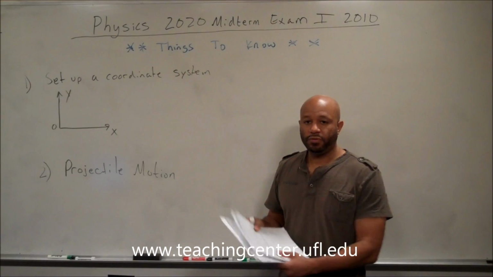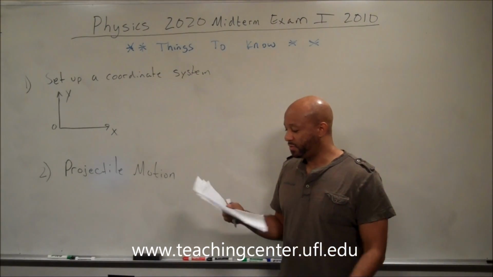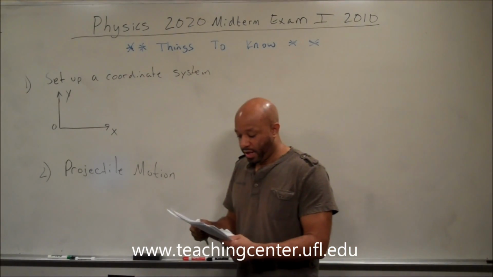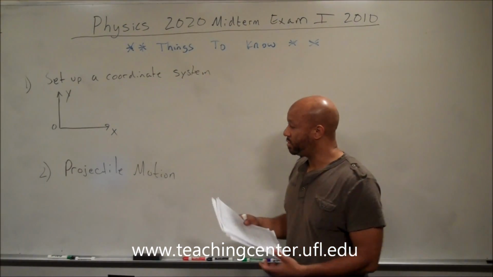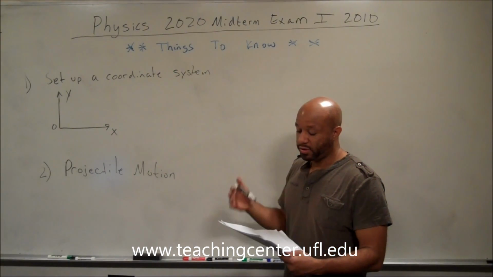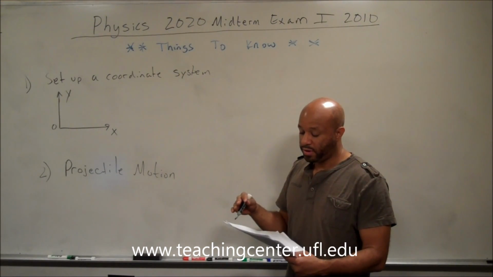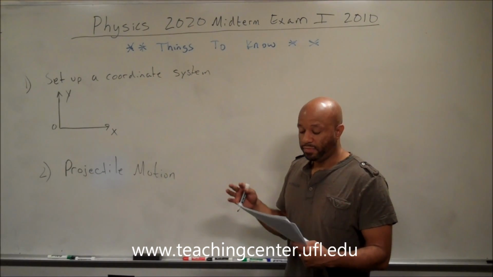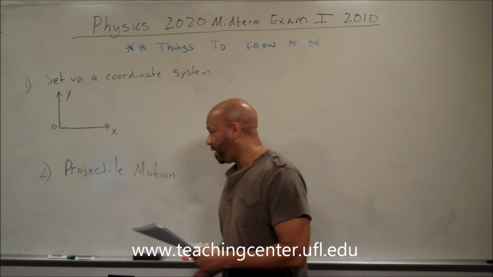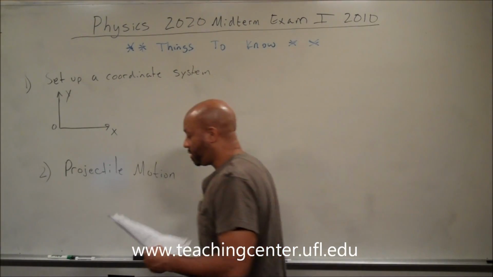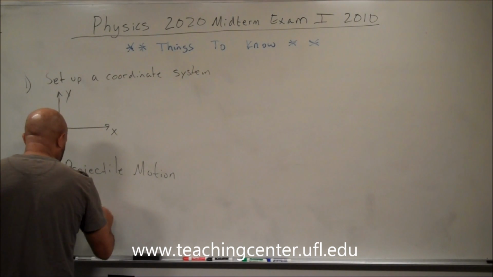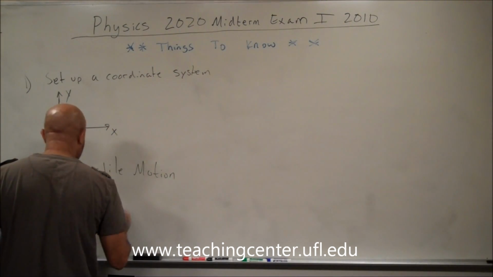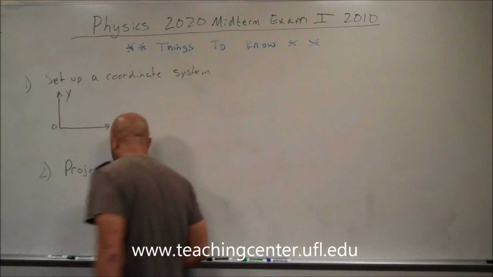You're given a formula sheet for this particular exam, and if you look at the equations for projectile motion, you'll see in particular the sections for the equations for things moving in the y direction. And you'll notice that the first equation tells you that ay is equal to minus g.